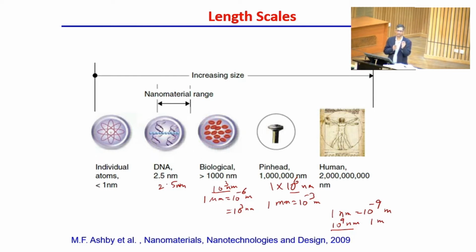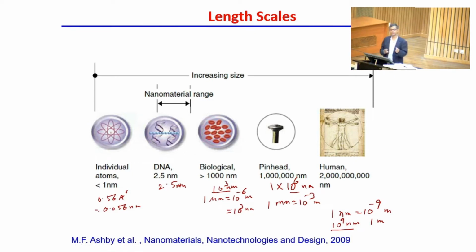Right? No, it's less than that. A carbon atom is about 0.89 Angstrom. And you know 1 Angstrom is 10 to the power minus 1 nanometers. So a hydrogen atom is about 0.56 Angstrom, that means equal to 0.056 nanometer. That's what it is. That's the building block.